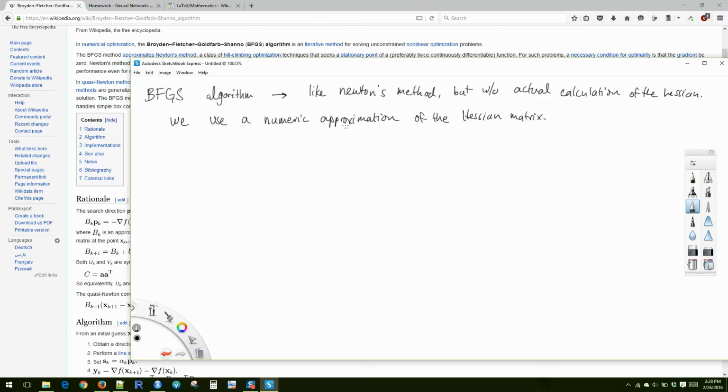We use a numeric approximation of the Hessian matrix along with the gradient to try to find where the minimum might be, and this allows us to find minima a bit more efficiently.